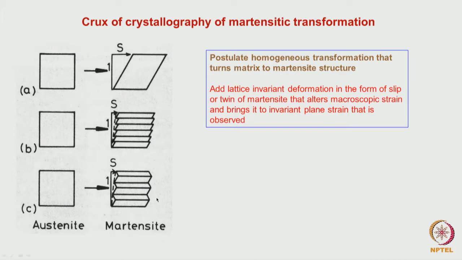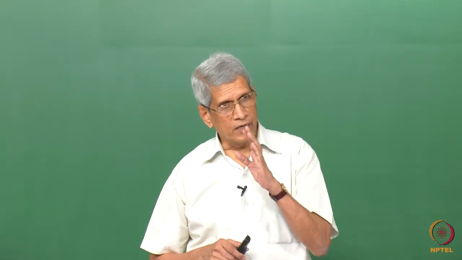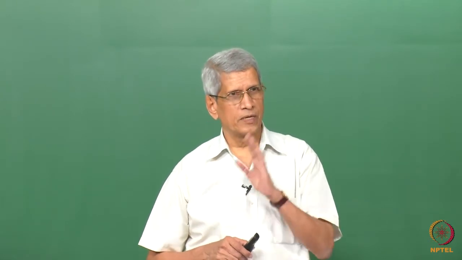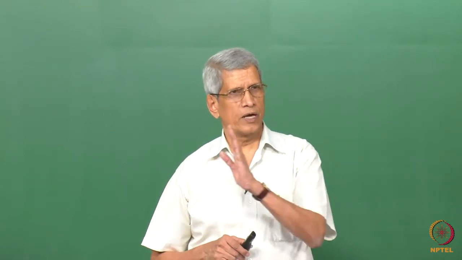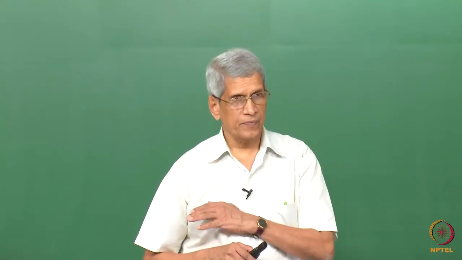So the crux of the crystallography of martensitic transformation is that there is a homogeneous deformation by which we transform from the parent to the product lattice.